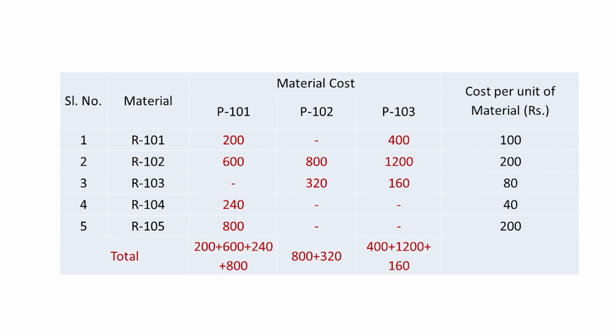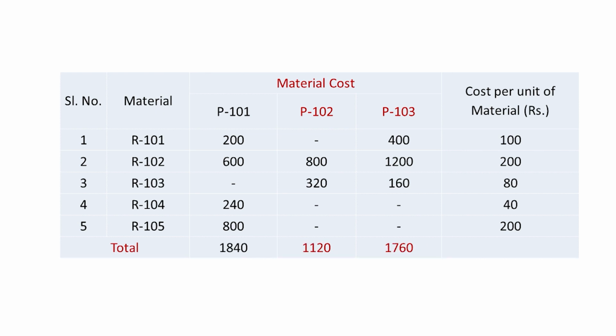If we sum up the cost, we get the material cost per unit of P101, P102, P103. Total material cost per unit of product P101 is 1840. For the other 2 products, the material cost is 1120 and 1760.